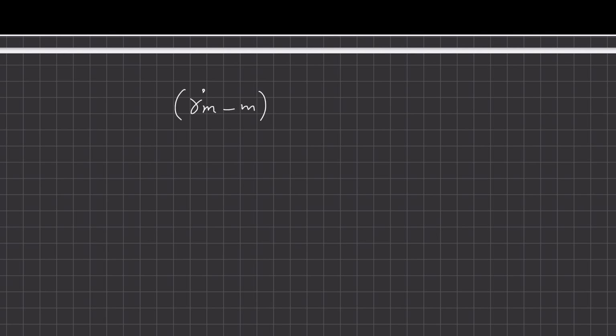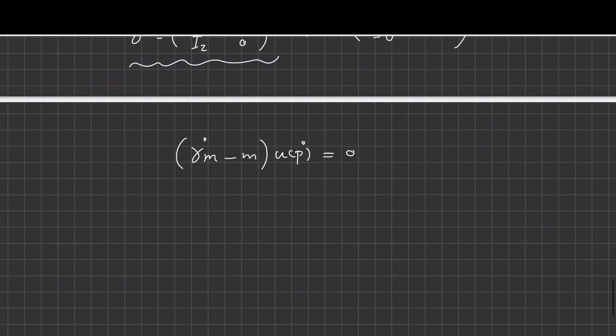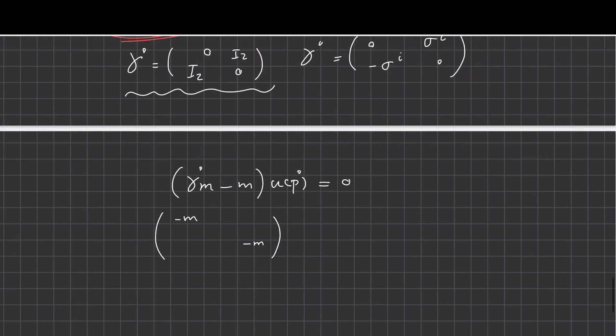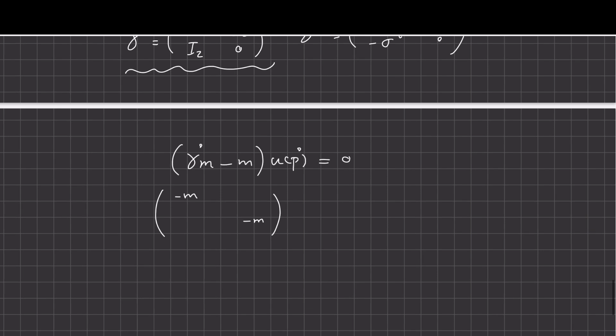So (gamma 0 m minus m) acting on u of p0 is equal to 0. It would translate into this matrix that you have, with the minus m term on the diagonal, because we are choosing the Weyl representation, and then two mass terms here acting on u of p0 equal to 0.